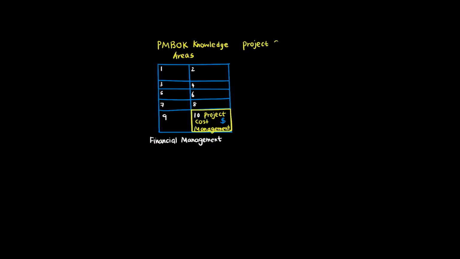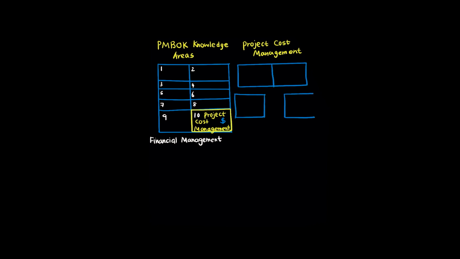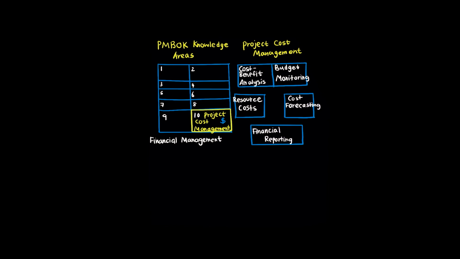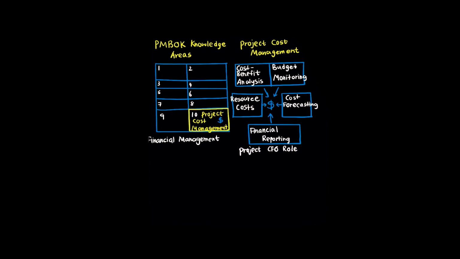This includes calculating internal cost-benefit analyses to justify the project initially, monitoring and controlling expenditures as work progresses to ensure you stay within budget, managing resources like materials, equipment, facilities, and labour costs, forecasting future costs, and providing financial reporting to stakeholders. Think of cost management as being the project's CFO. Everything related to money flows through this knowledge area.